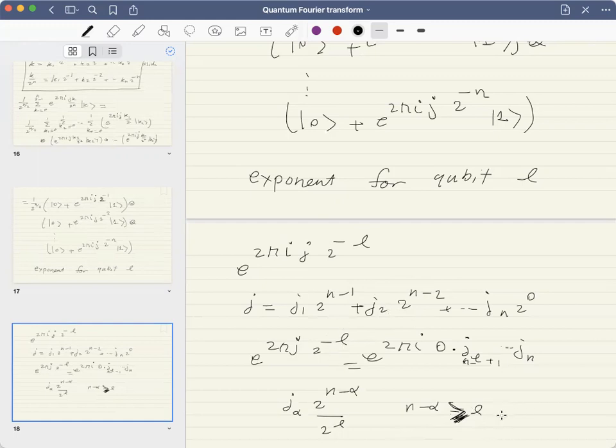So that means that alpha, in order to count this term, is really the index of j, when the exponent is 2 to the n minus alpha.